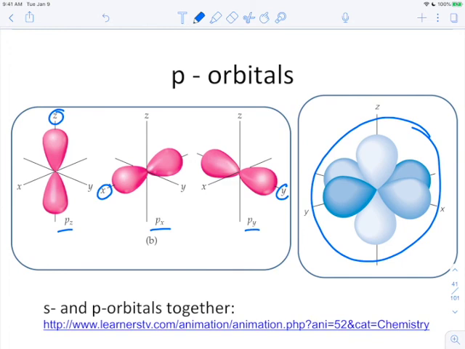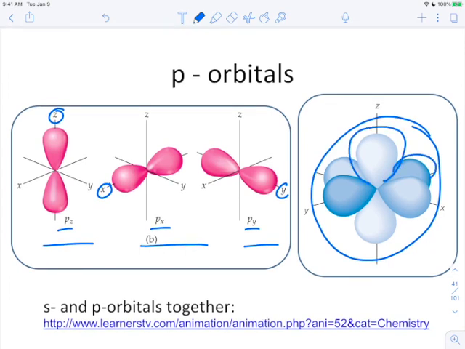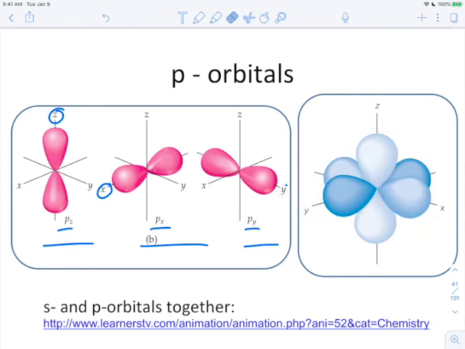That one's a little hard to imagine, so we tend to think of our p orbitals as 3 separate ones, but these are all for the same energy level. So these could all be 2p's, and then you will have a set of 3p's that go around every single one of these, and so on. So it gets very complicated looking, and that's why we like to break it down into what they call dumbbell shapes, but they, I don't know, look like two balloons tied together to me.